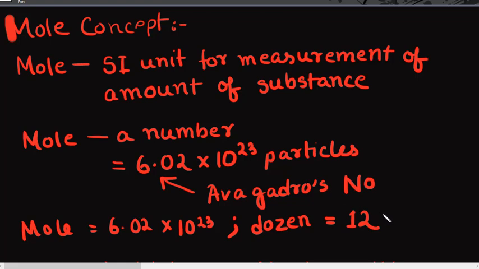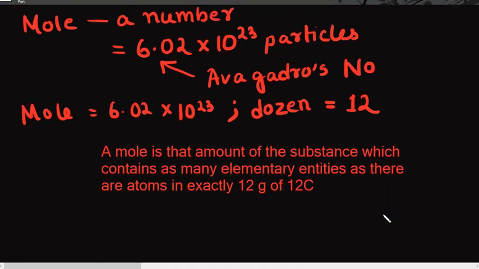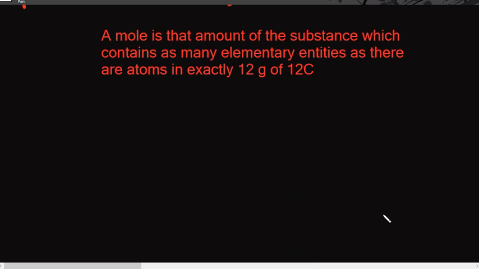So next, the definition of mole. A mole is defined as the amount of substance that contains as many atoms, molecules, ions, or any other elementary entities as there are carbon atoms in exactly 12 grams of carbon-12. The number of atoms in 12 grams of carbon-12 is called Avogadro's number.